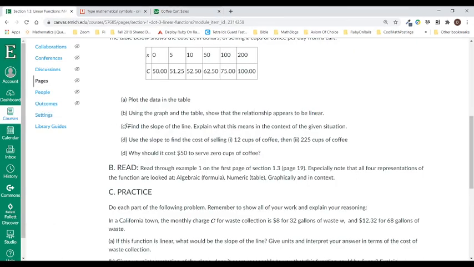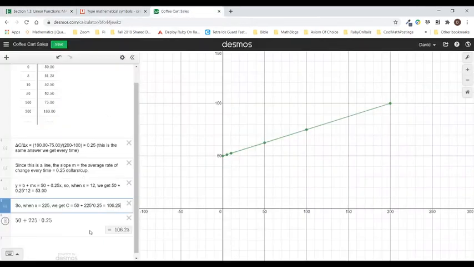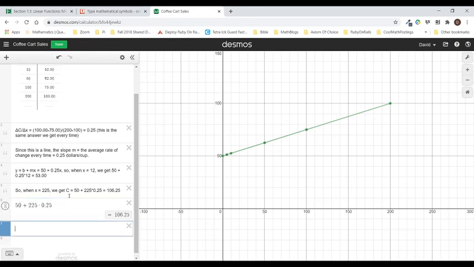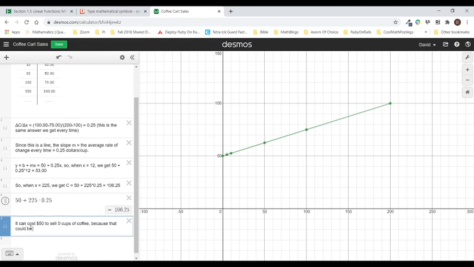And finally, why should it cost $50 to serve 0 cups of coffee? We'll add that as just a little note. I'm sure you could answer this better than I can, but we'll call it a note. It can cost $50 to sell 0 cups of coffee because that could be the overhead cost.